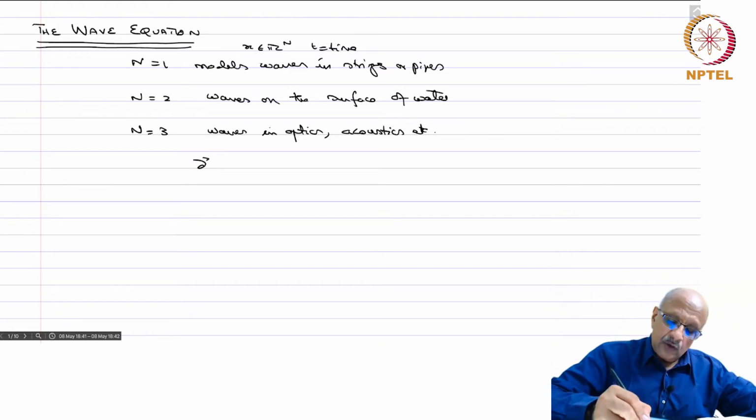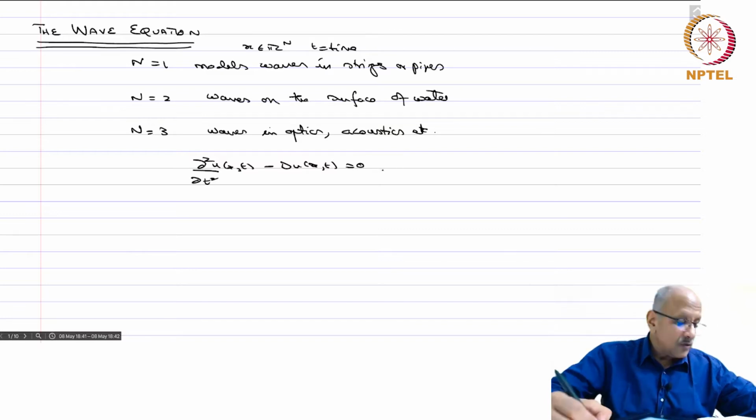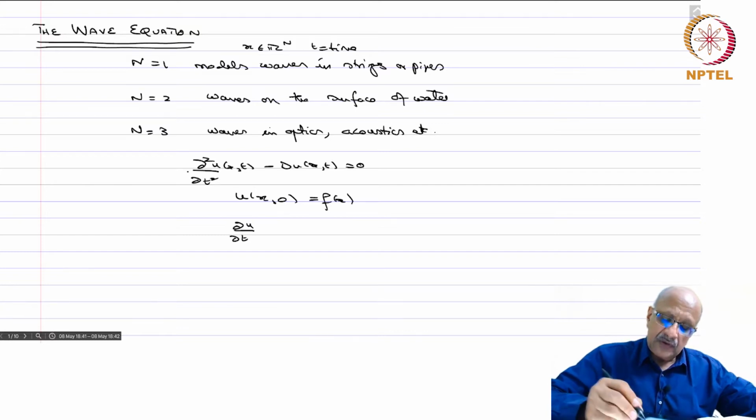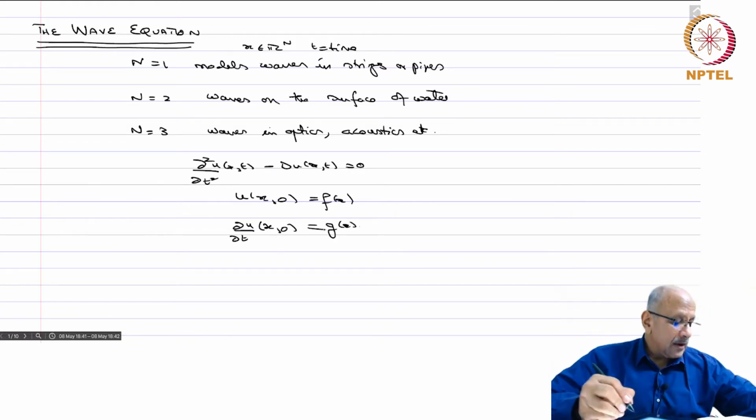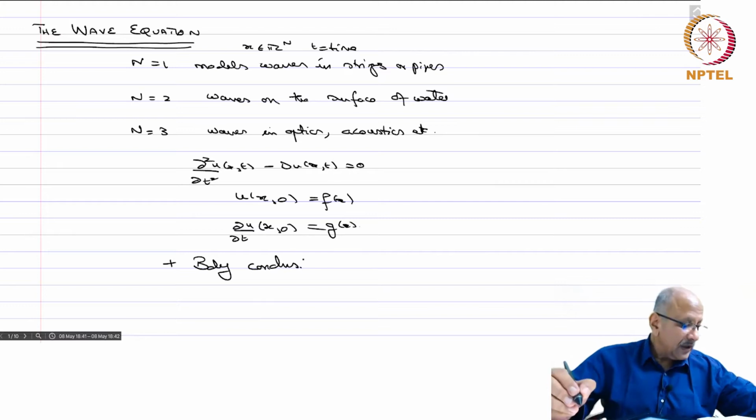You have the second derivative of u with respect to t, d²u/dt²(x,t), minus the Laplacian of u(x,t) equal to 0. And u(x,0) equals f(x), given, and du/dt, because it is second order in t, you need to give two initial conditions, at (x,0) equals g(x). Gamma is the boundary, and you may have boundary conditions if necessary.